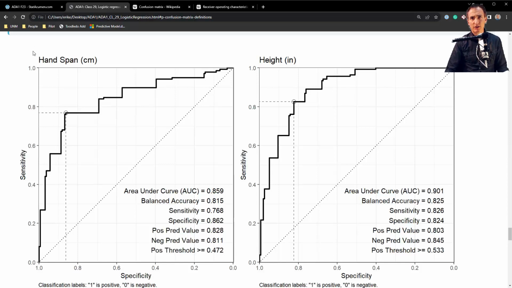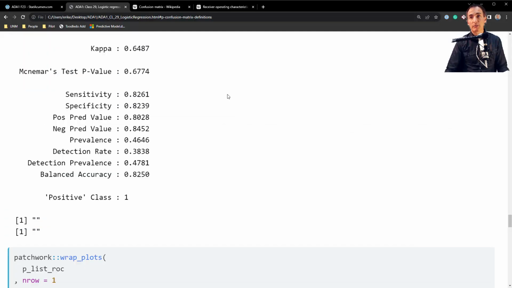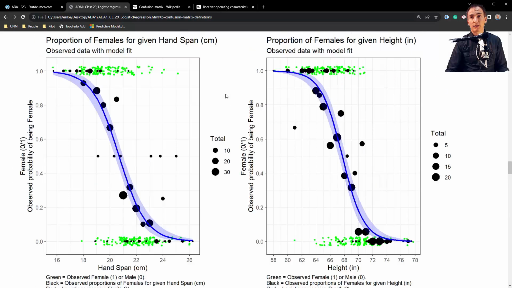You can see down here, let's just look at handspan. We have a positive threshold greater than or equal to 0.472. That's this circle here. This curve is values that go from 0 to 1. Let's scroll up and look at this curve.